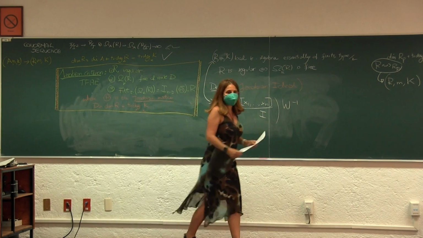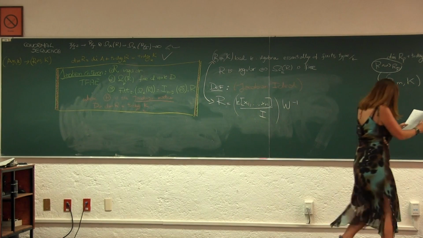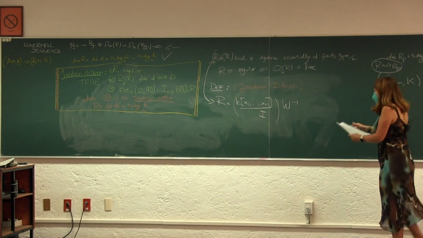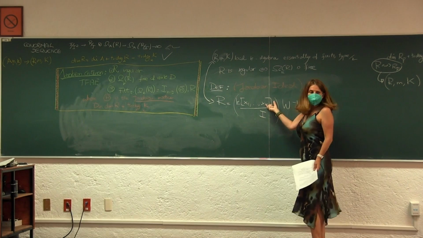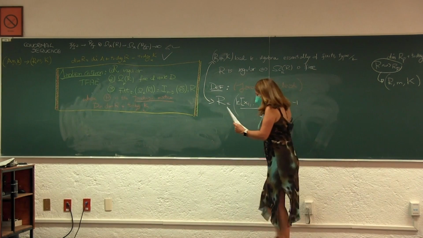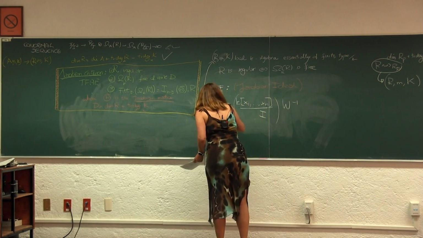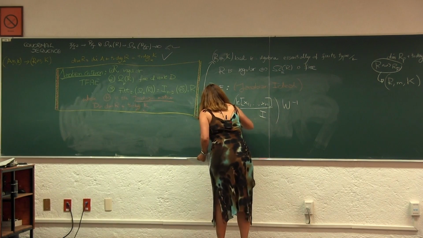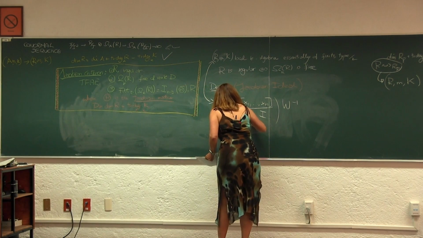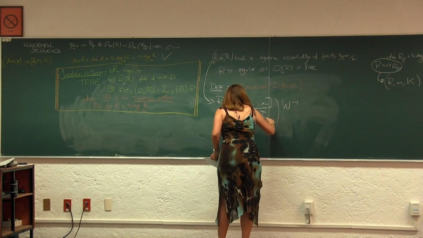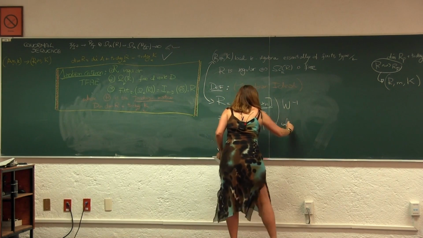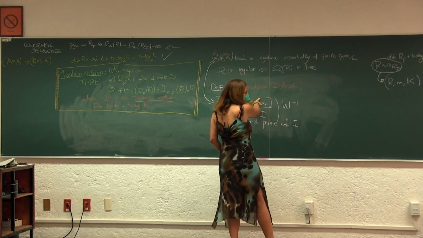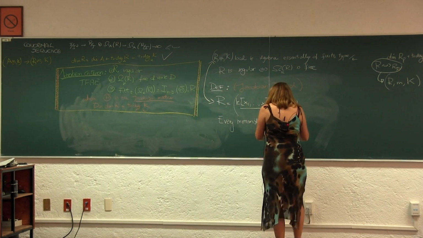But now I want to assume something, and that's why I write this. I assume that the ideal I inside here, so every minimal prime of I is obviously an ideal in the polynomial ring, you know.